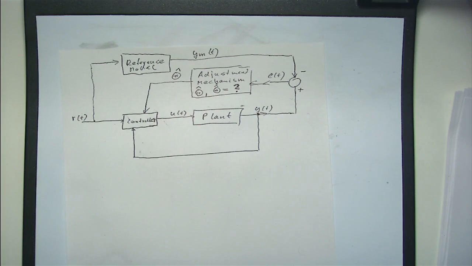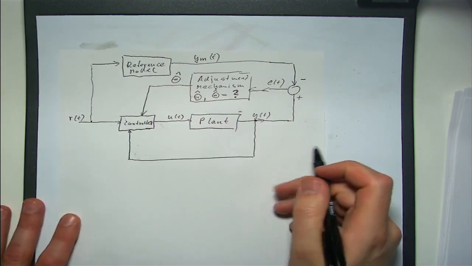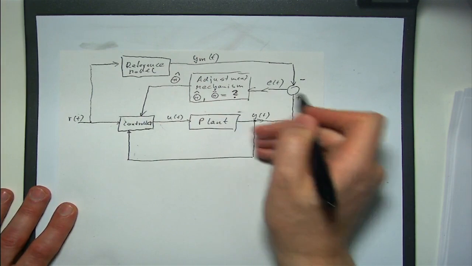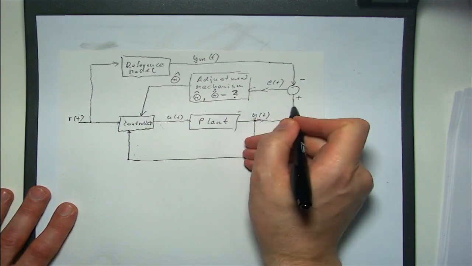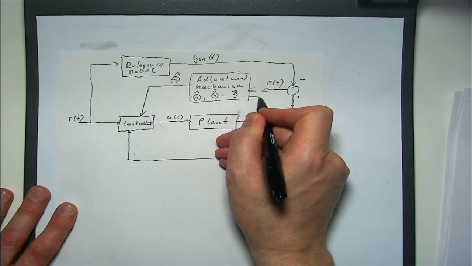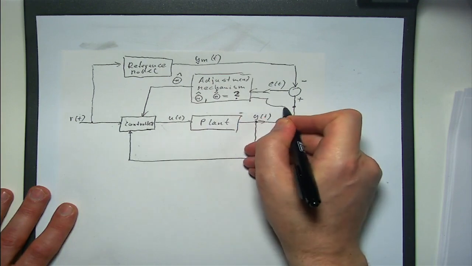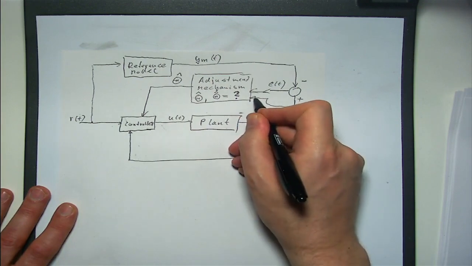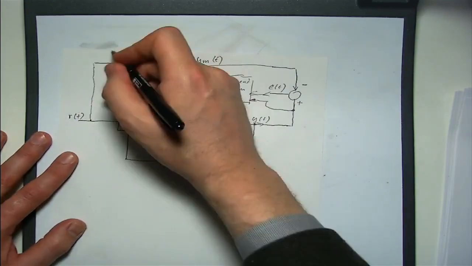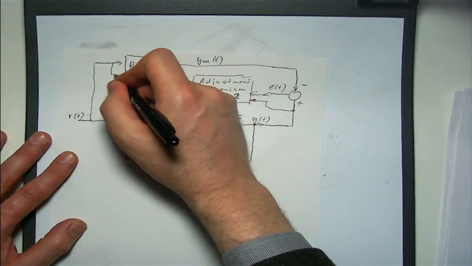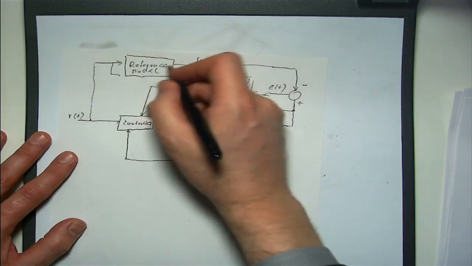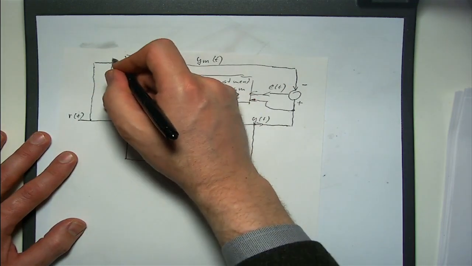What is interesting is that this adjustment mechanism is usually not only driven through E, but it's also driven, in our case, through Y, and also through R. So that's a bit hard now, because I notice that's a bit difficult to put in here.